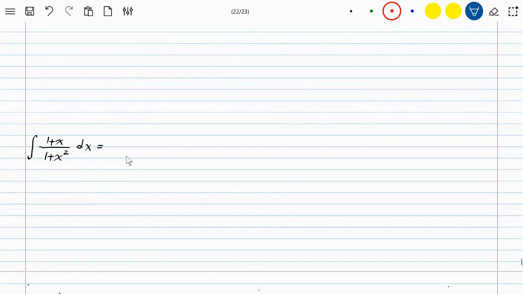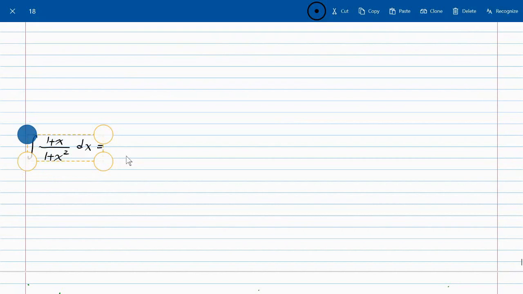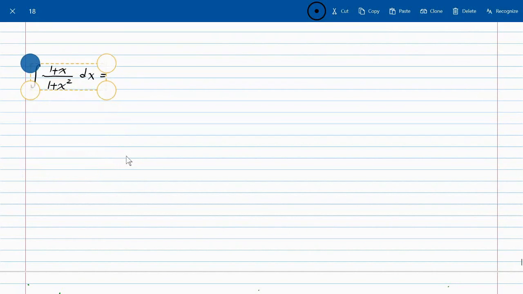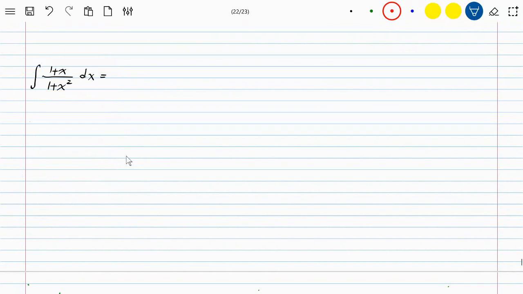Okay, one more integral. Let me shift this up. This is the type of integral that you should be careful with when you're calculating these integrals. You may notice 1 plus x squared in the denominator, but the numerator doesn't simply have 1. It is 1 plus x.